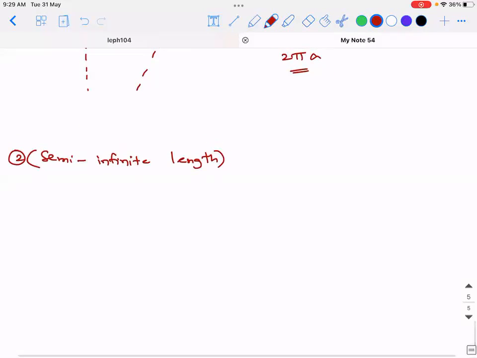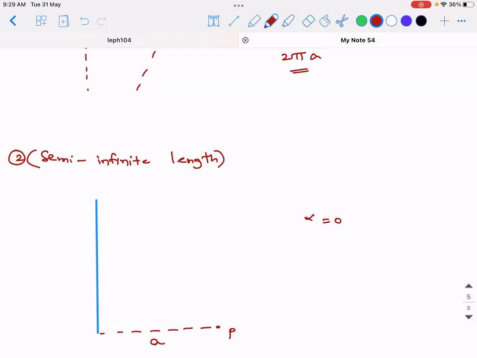If this is a conductor, for example, and I take the point P to be at the bottom of the conductor, then this distance will be A. In this scenario, what is the angle made by the line from the bottom with point P? So alpha will be 0. Then what about beta? Beta will be pi by 2 because this keeps increasing, and it becomes pi by 2. And the current is still I, right?